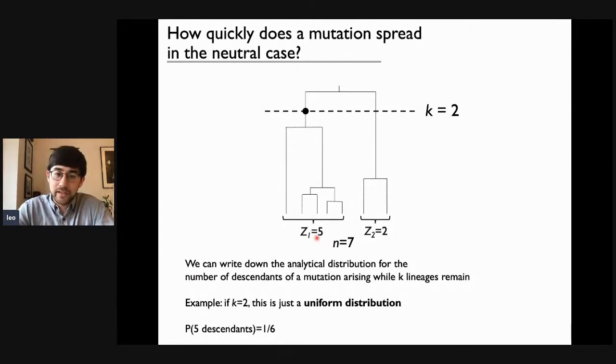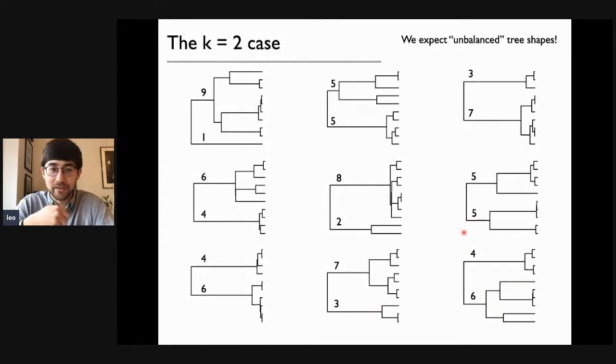I've got this tree here, and what I'd like to look at is when I slice it, when there are two lineages left in the tree, can I predict how many descendants each of these lineages will have? It turns out I can write down an analytical distribution for this, which is just the uniform distribution.